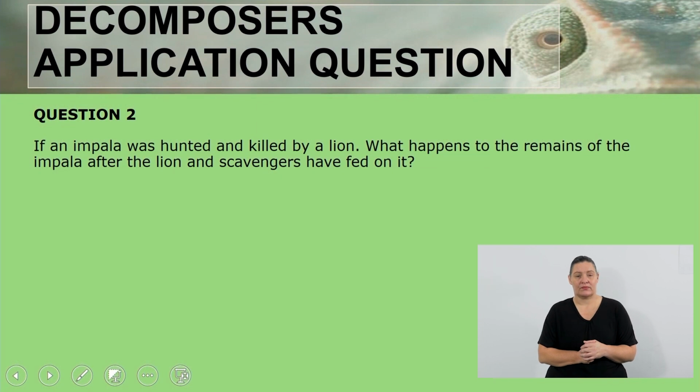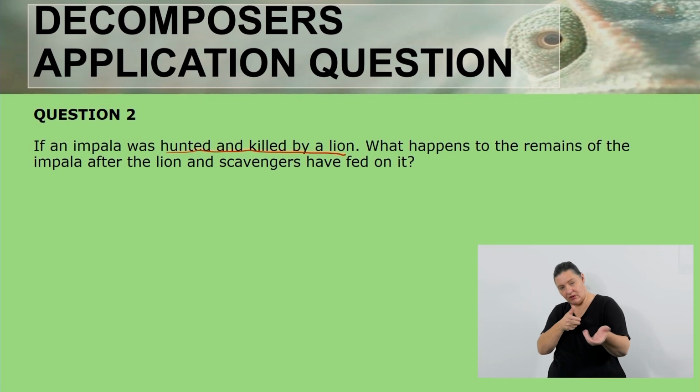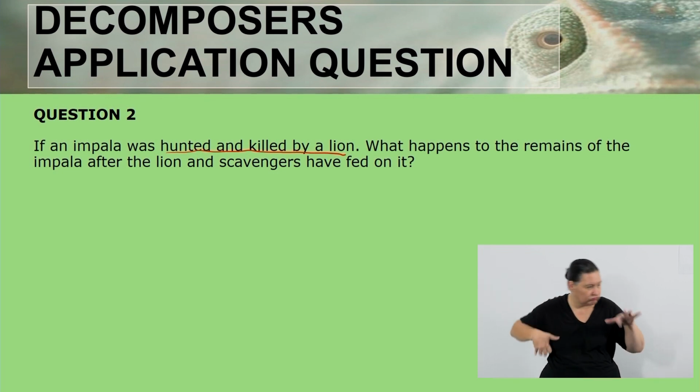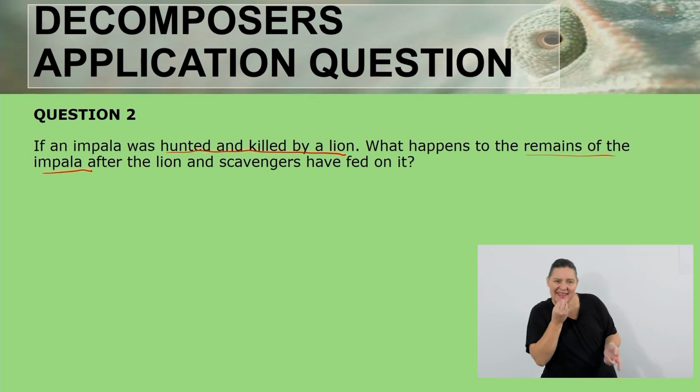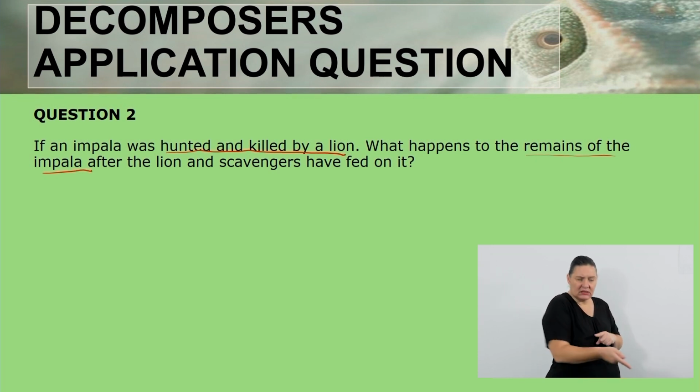Now we are going to move on to our second question, which says, if an impala was hunted and killed by a lion, so the lion is our predator here, what happens to the remains of the impala after the lion and scavengers have fed on it?